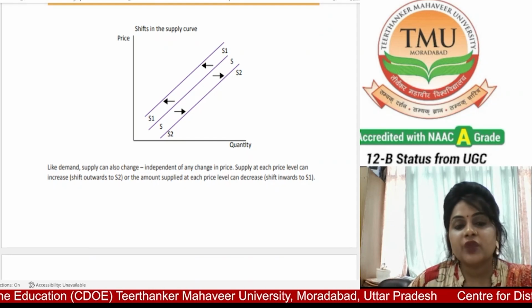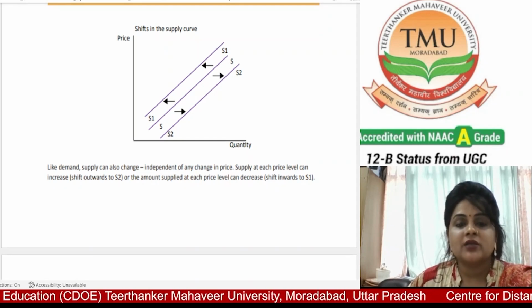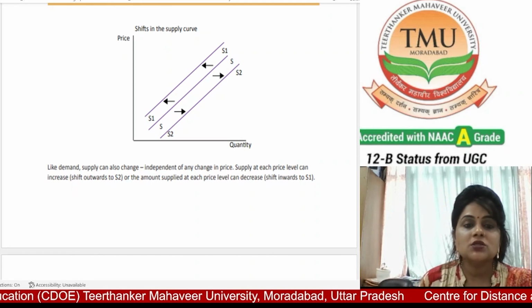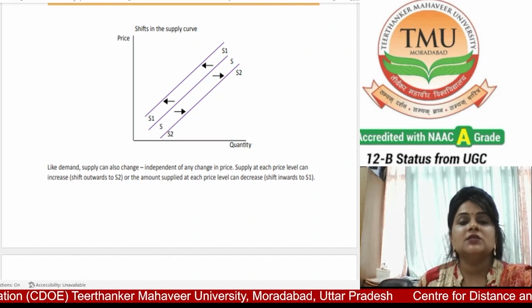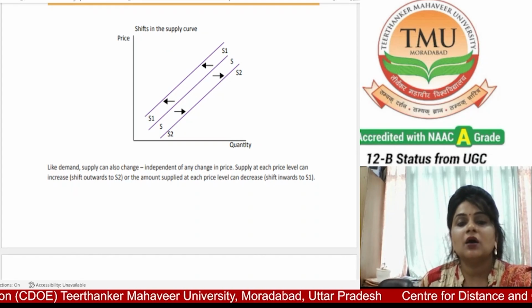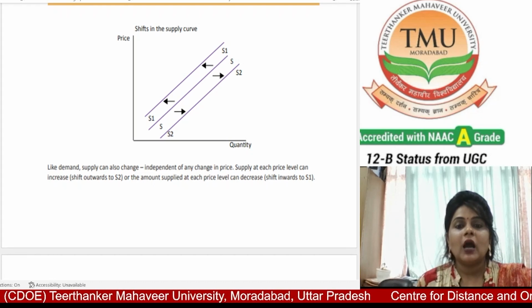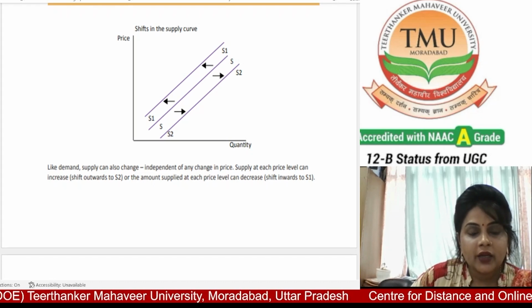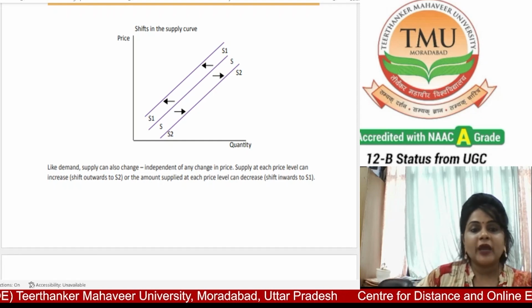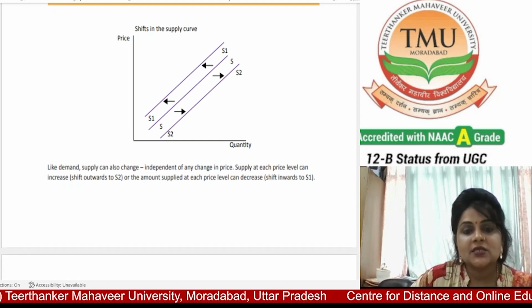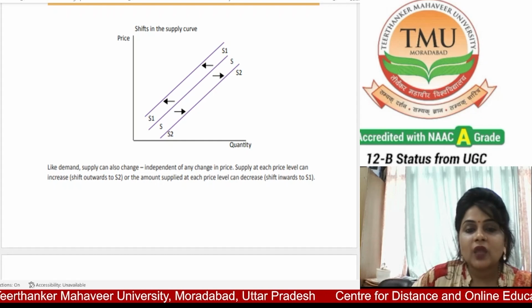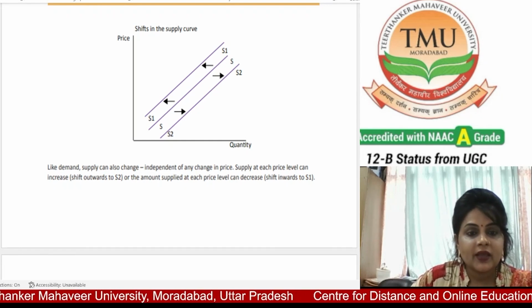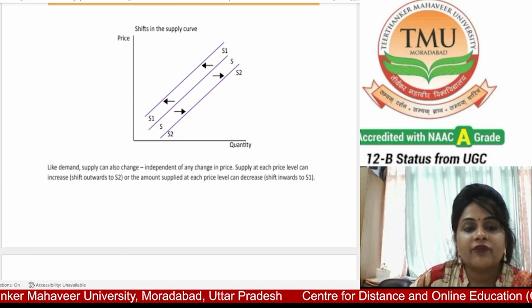If suppliers' costs fall, resulting from a factor such as a fall in the prices of raw material or cost of labor, this increases supply, shifting the supply curve outward and to the right. Here you see now at each price level more is supplied. Rising cost will have the opposite effect and shift the supply curve inward, to the left.